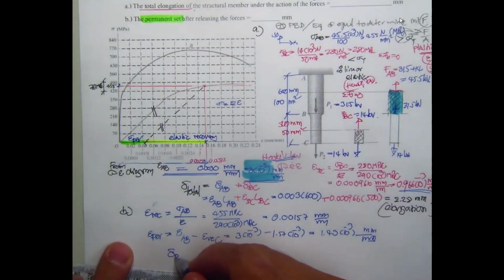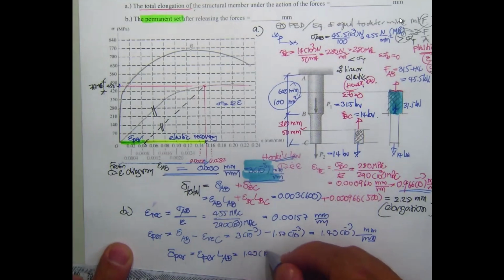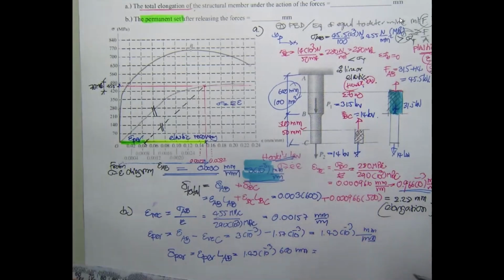Permanent deformation is going to be strain permanent, and this occurs only for AB. Take the AB, so we have 1.43 times 10 to the minus 3 times 600 millimeter. You should get 0.86 millimeter.